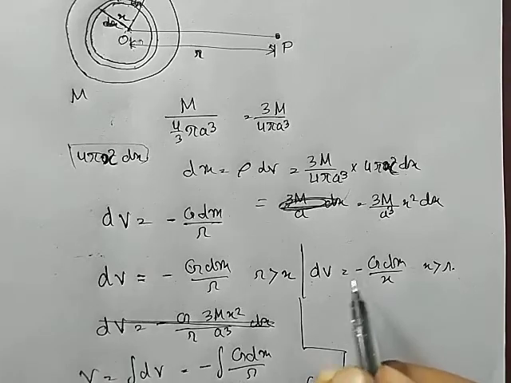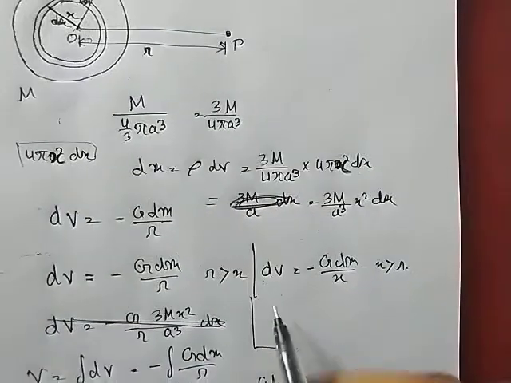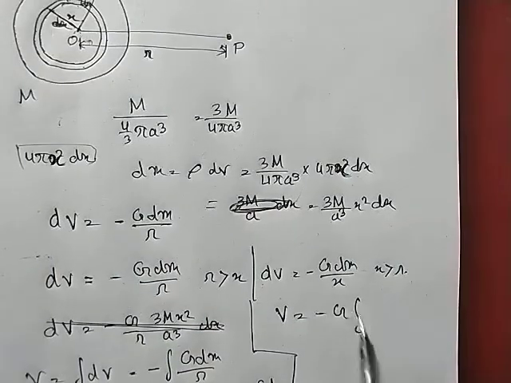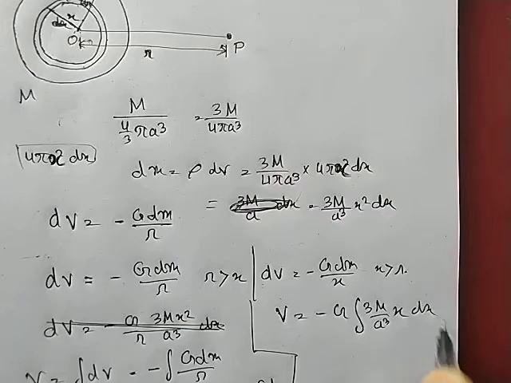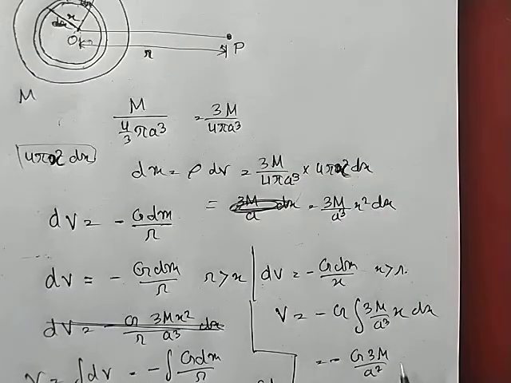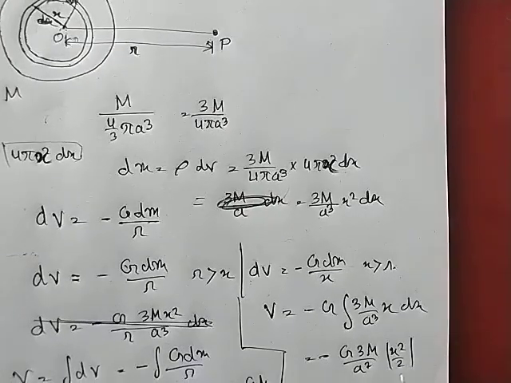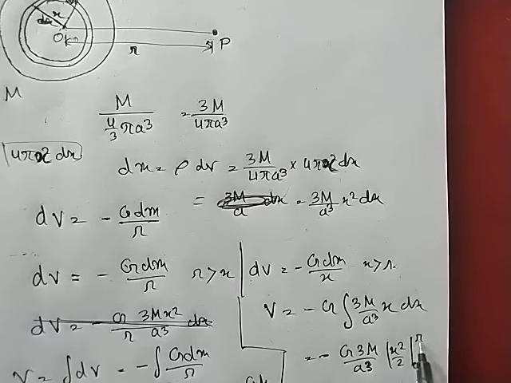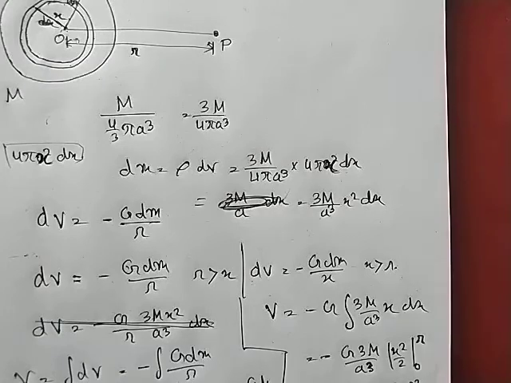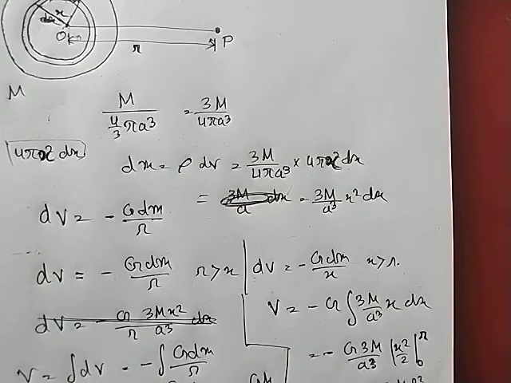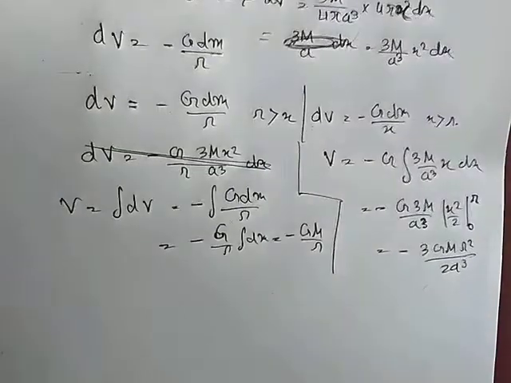And for the inside point we can do this integration: minus G, here dm is dependent on x, so we write 3m by a cube x dx, and the integration from 0 to r gives minus 3GM r square by 2a cube. No, sorry, I have again made a mistake here.